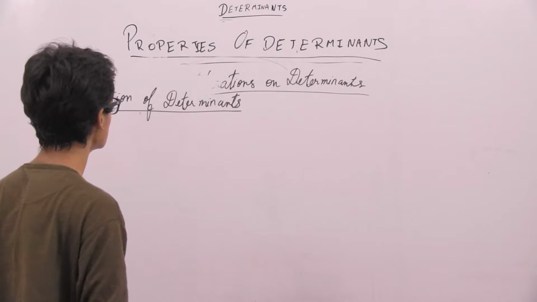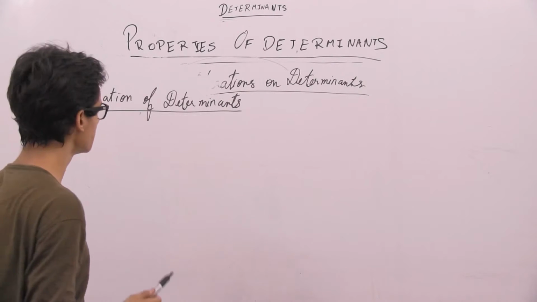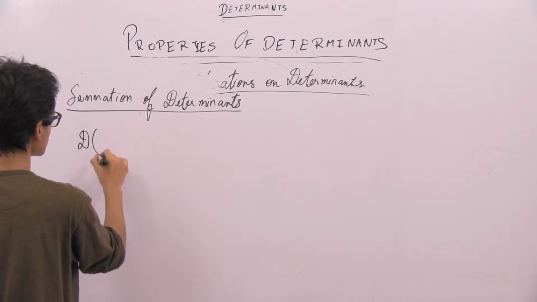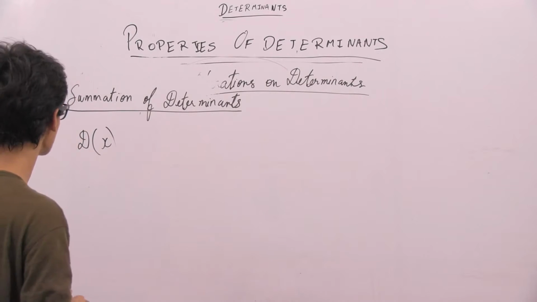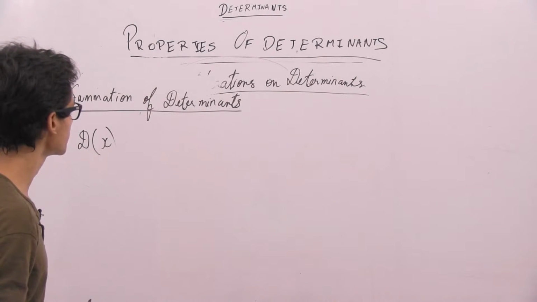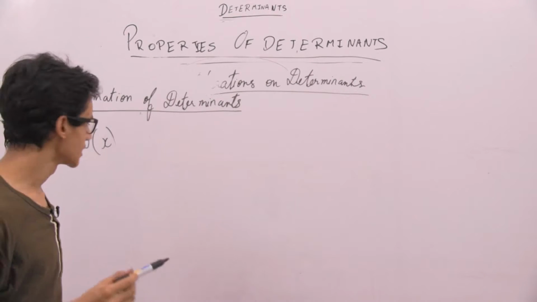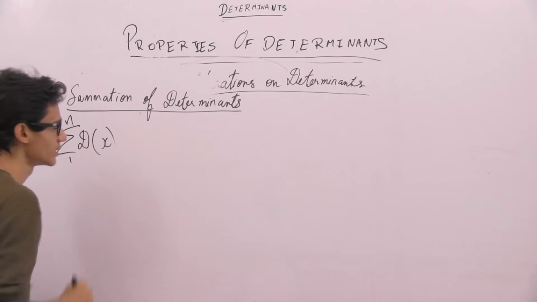So what do we mean by summation of determinants? By this, we mean that first of all, we need to have a determinant which is a function of a variable, let's say x. Suppose x varies from 1 to n.